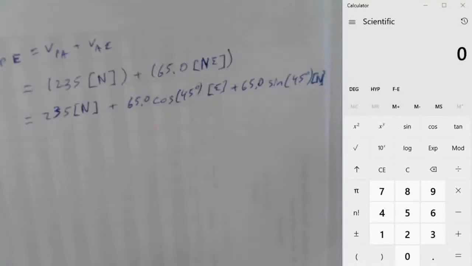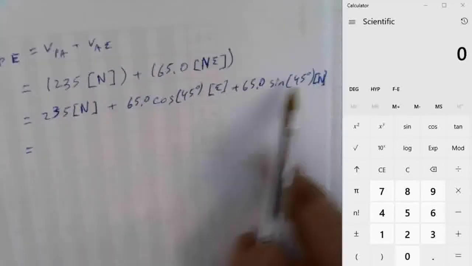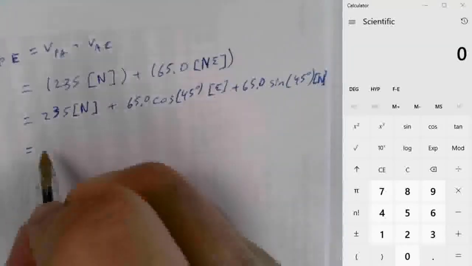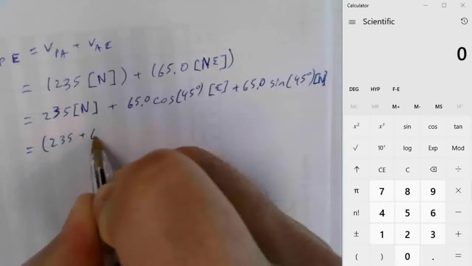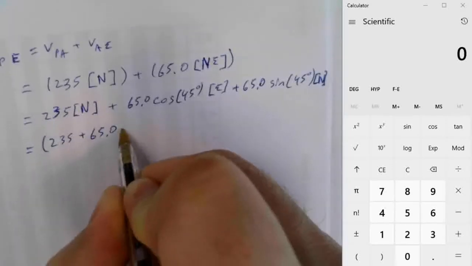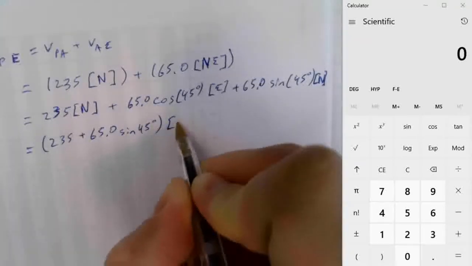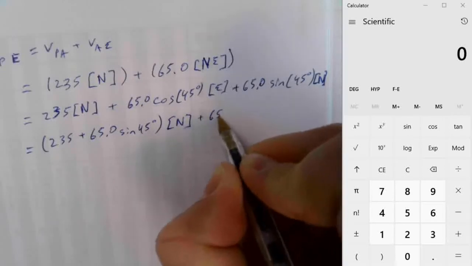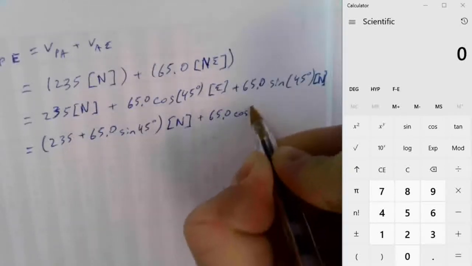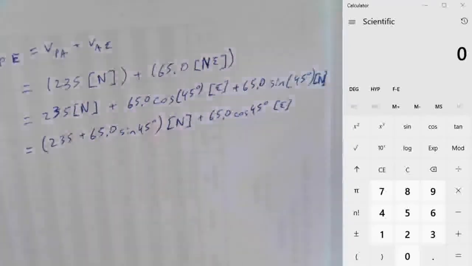We don't need to calculate them now, but what I do want to do is just collect the north terms. So I'm going to write this as 235 plus 65.0 sine of 45 degrees north plus 65.0 cos of 45 degrees east.